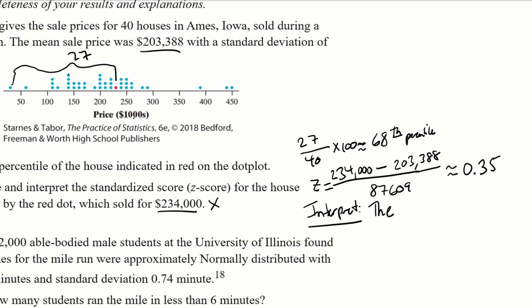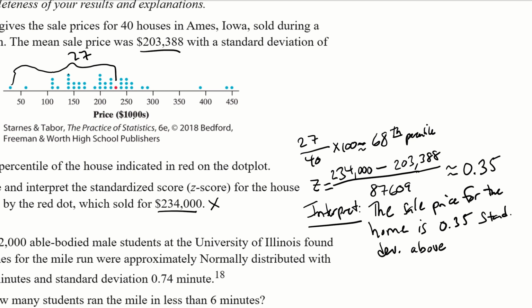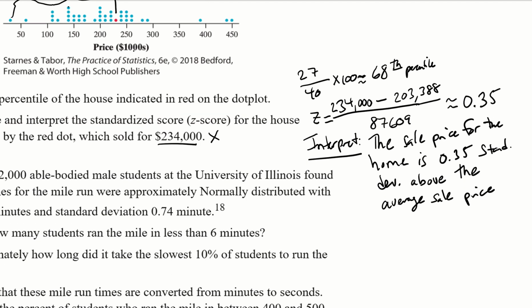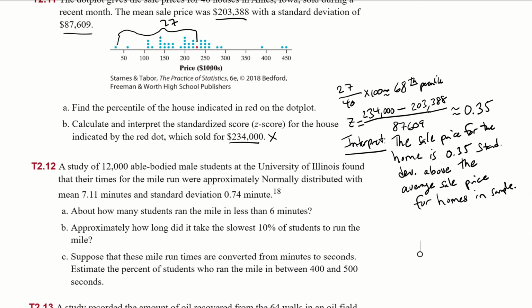So the sale price for the home is 0.35 standard deviations above, or greater than, the average sale price for the homes in the sample. Okay, so that's the interpretation. All right, so that takes care of number 11.